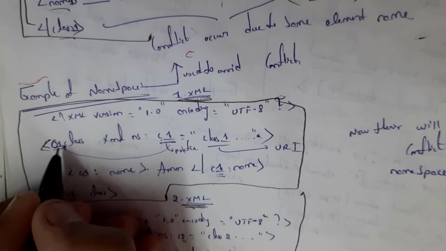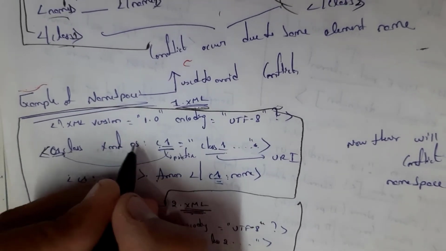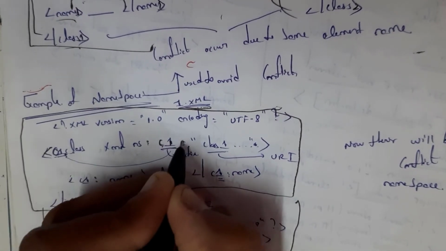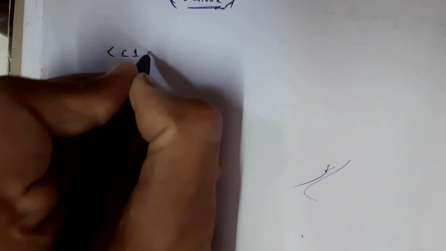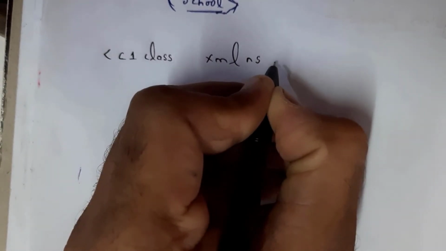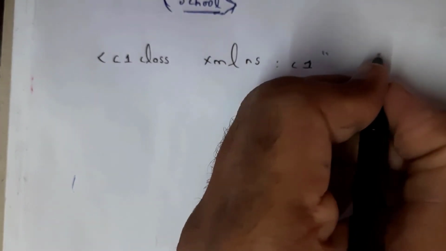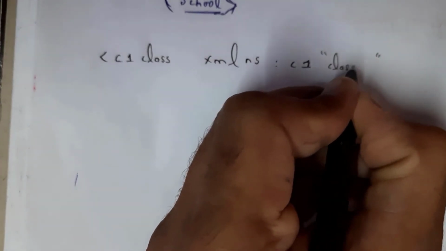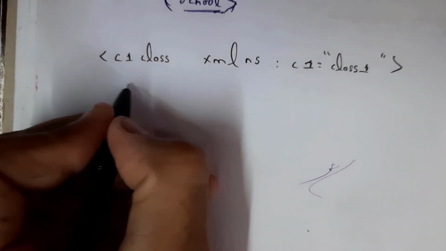Here I changed this class name as C1 class and XML namespace, C1 equal to class1. I will write the program clearly. Here, C1 class, xmlns:C1 equal to class1.